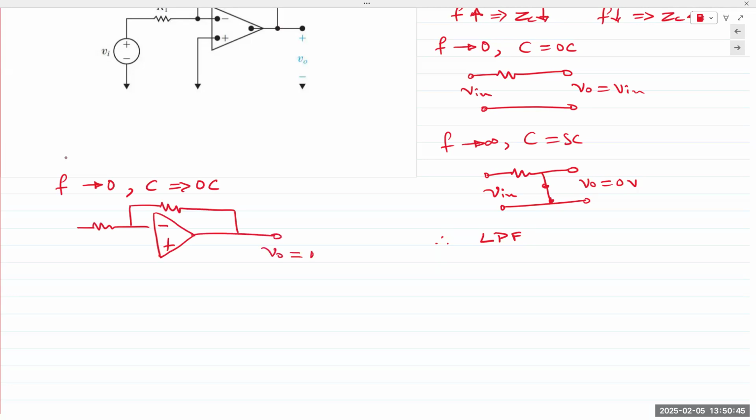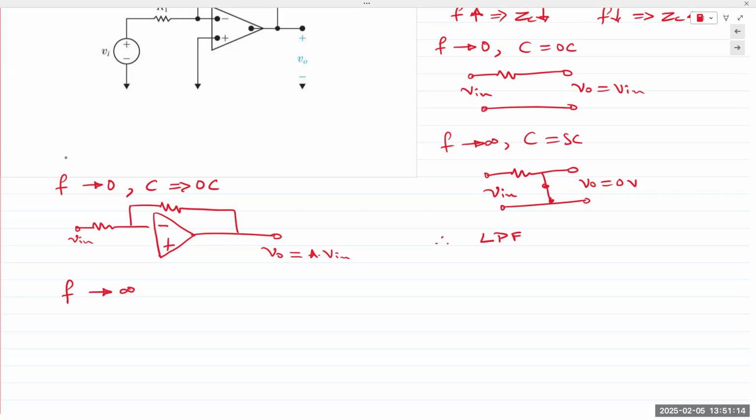V out is equal to the gain times V in. Make sense? The capacitor is in the feedback path. If the capacitor behaves like an open circuit, the resistors R1 and R2 will simply give us an inverting configuration or an inverting amplifier.